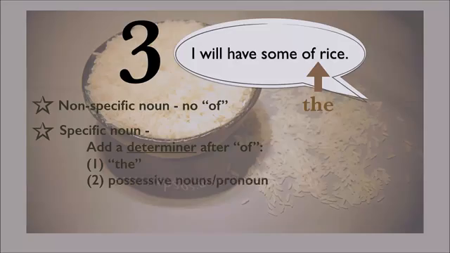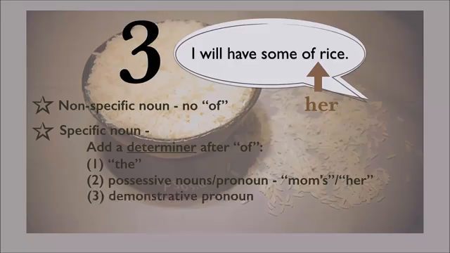But there are other determiners you can use, such as possessive nouns and pronouns, such as mom's or her. I will have some of her rice. You can also use demonstrative pronouns such as this or that. I will have some of that rice. So again, remember to put these determiners after of, and remember that determiners show the noun is a specific noun.